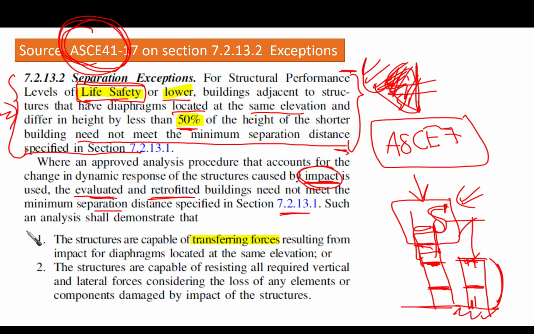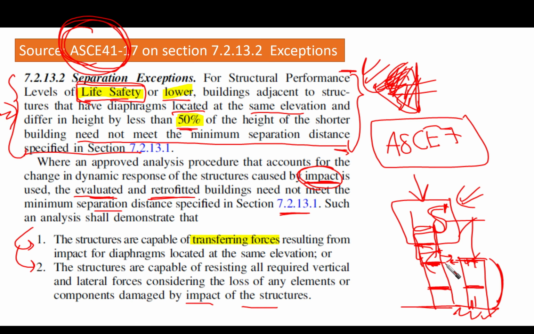So what is the type of analysis? We have two analyses here. Number 1, the structures are capable of transferring forces resulting from impact for diaphragms located at the same elevation, which is this, there is impact here that would take place and no problem with this. And number 2, the structures are capable of resisting all required vertical and lateral forces considering the loss of any elements or components damaged by impact of structures.